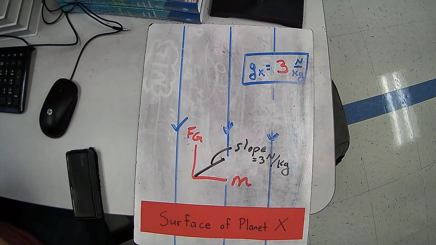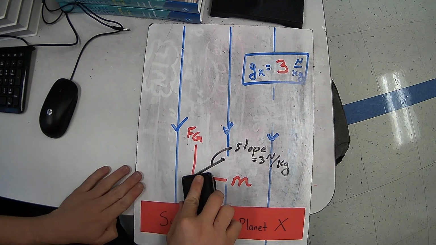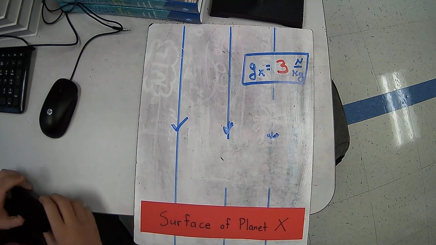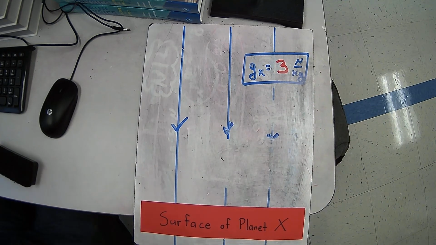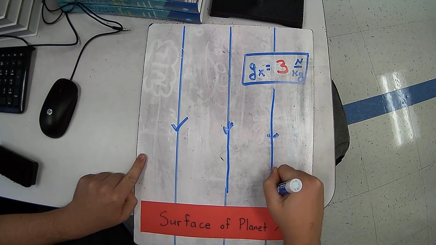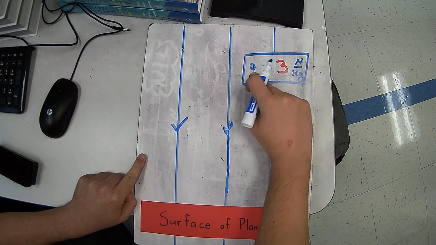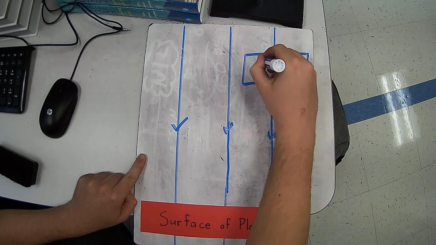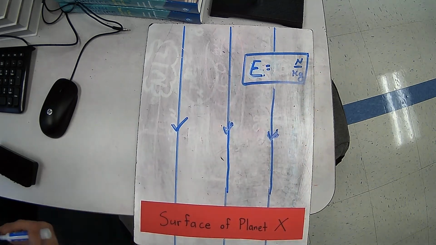All right, folks. Now what if, let me clean this up a little bit here. We're going to swap out this idea of a gravitational field with something different. We're now going to replace this gravitational field with an electric field, a new concept to us.